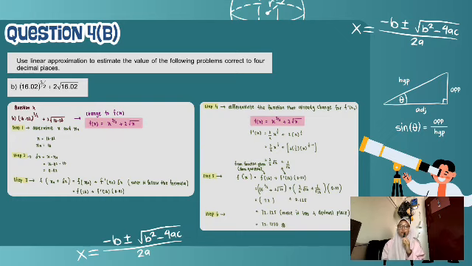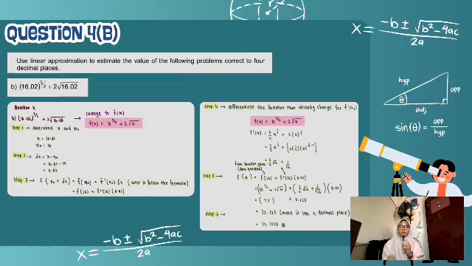And then step 5, we have to solve the equations one by one. So for f(16), we can take it from the question and from the function that we already wrote. So we have to substitute 16 for x.